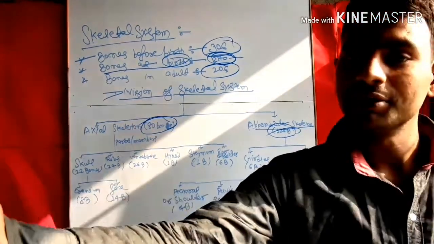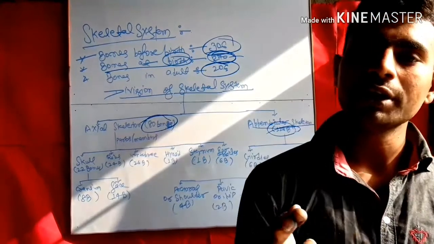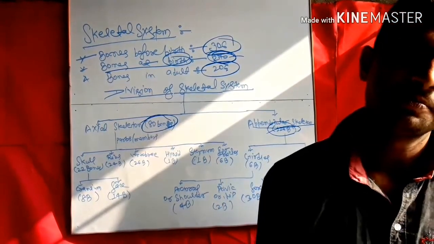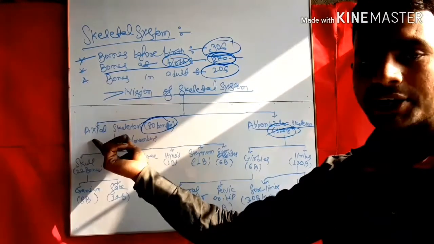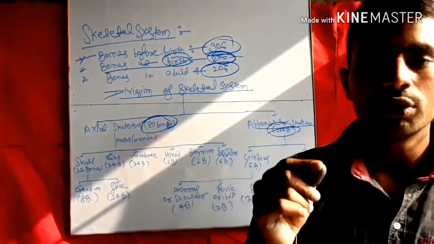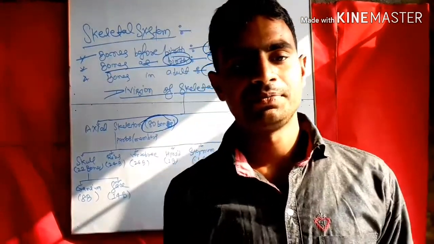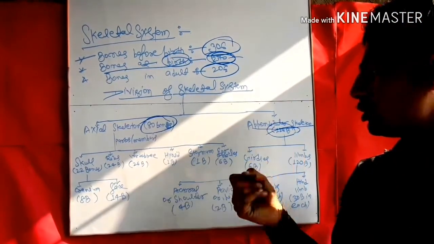But after fusion, as time goes on, bones fuse with each other and the number of bones decreases. So in the axial skeleton 80 bones are present, and in the appendicular skeleton 126 bones.